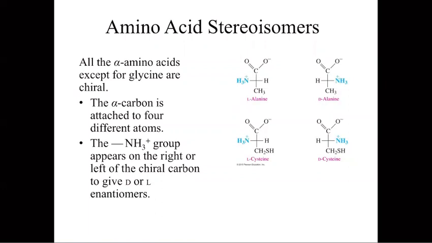What you see illustrated in this slide on the right side are the structures for the enantiomers of two particular amino acids. On the top, you see alanine, and on the bottom, you see cysteine. So when it comes to the stereoisomers that are found in amino acids, understand that in nature, for the majority of the amino acids, the L conformation is the most common.